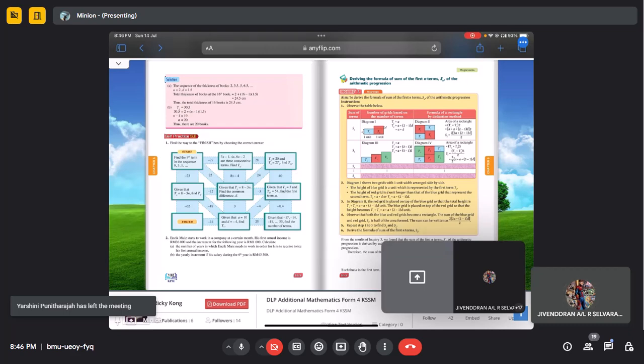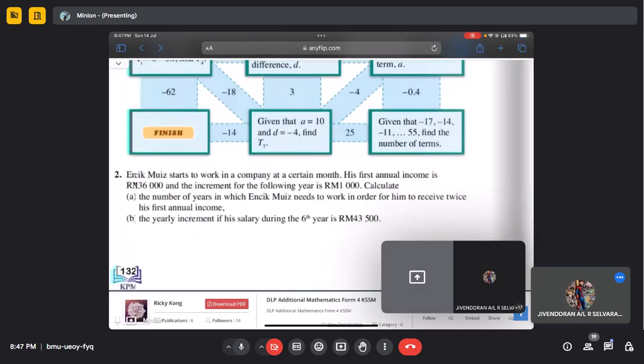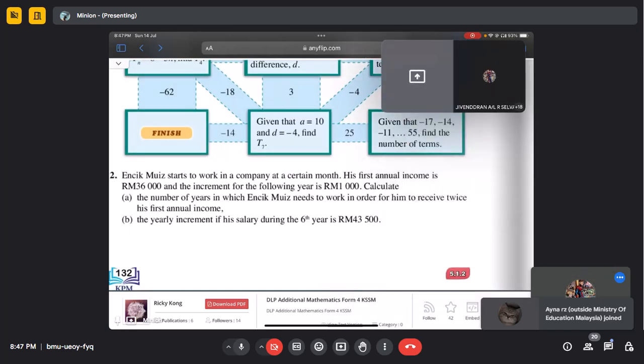Okay, anyone want to try first? No need to do question number 1. If you want, can, but you can try it at home. Ritika, maybe you can zoom so everyone can see. Thank you.